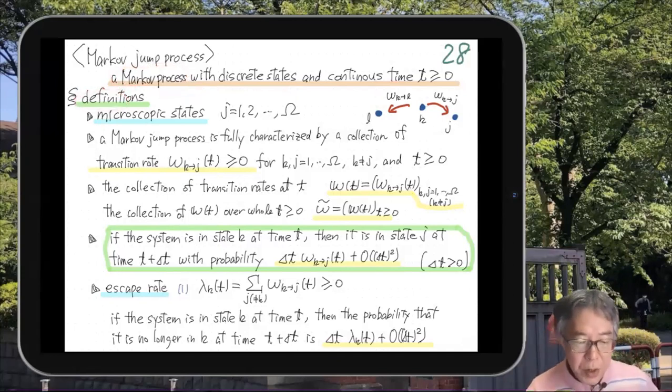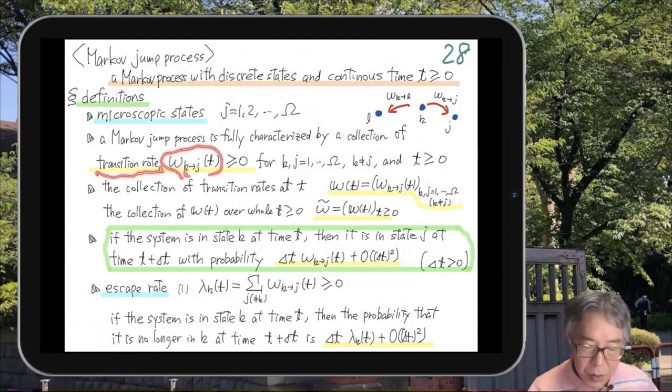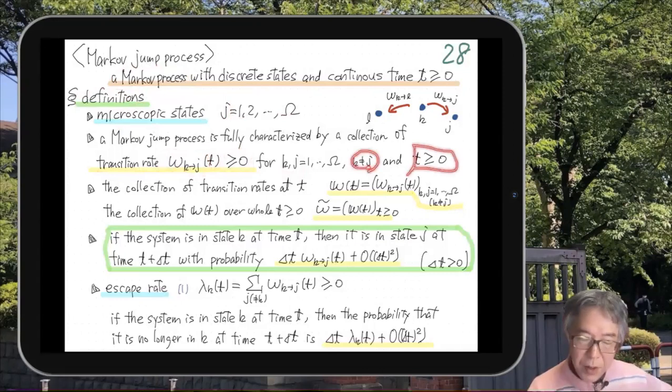As usual, I consider a physical system with discrete microscopic states indexed by j, which runs between 1 to omega, for example. And then a Markov jump process is fully characterized by a collection of something called transition rate, omega k to j at time t, which is a non-negative number for any k and j which are not equal, and any t greater than or equal to 0.